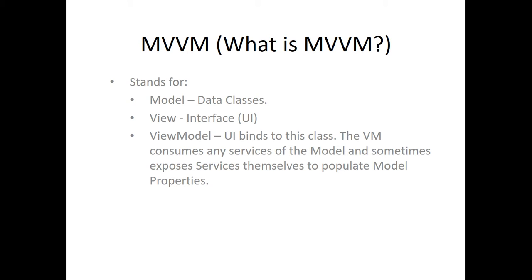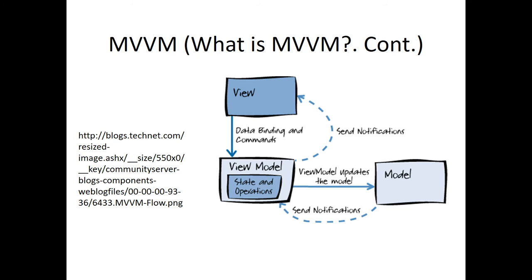Your view model is what the user interface binds to, and the VM, as I'm going to call it from now on, or the view model, consumes any services of the model, sometimes exposes services themselves to populate model properties. So we'll come on to the next piece to try and explain that.